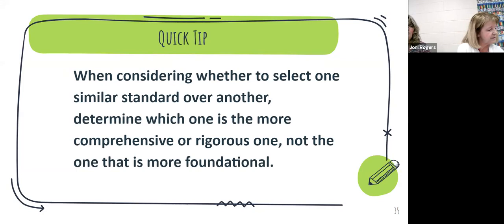So what we want to ask is, what content do we currently teach that we can eliminate from the curriculum because it is not essential? That's where you're picking and choosing the ones that you will get the most out of, the ones that the students need to know, not just nice to know. Okay.